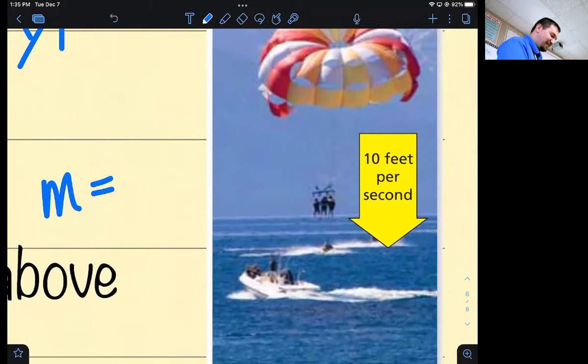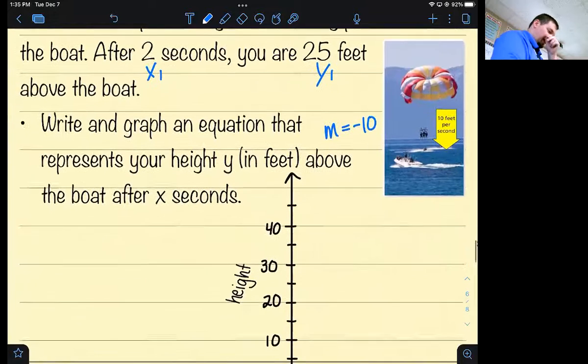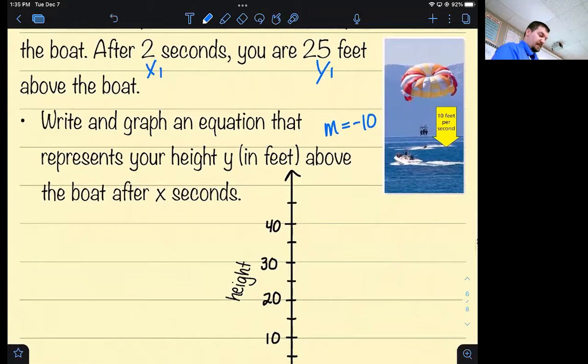It's negative because we are being pulled into the boat, right? Where our altitude is decreasing. So it's actually going down and over. Yeah, it's confusing. I know, because it doesn't say negative 10 feet per second, although it is going down. It's like the quiz question we had with the parasailer, and they're falling. So it's negative slope falling.